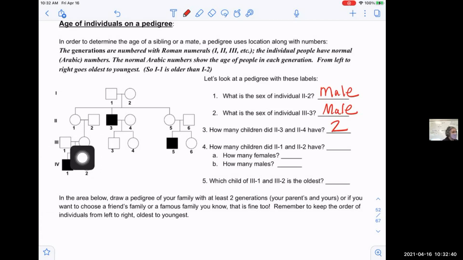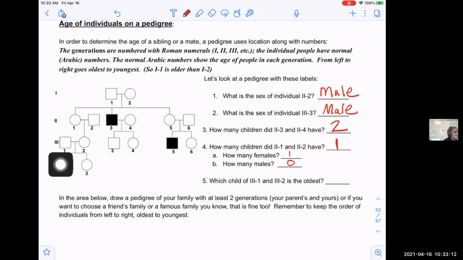So they had 1 daughter. 3-1 is somebody she married from outside of the family. So they had 1 child. 3-2 is a female, and they didn't have any sons. So you just got to be careful when you're looking at a pedigree because, like I said, that looks like they had 2 kids, but they didn't. They had 1. And then 3-1 is actually this couple's son-in-law, right?